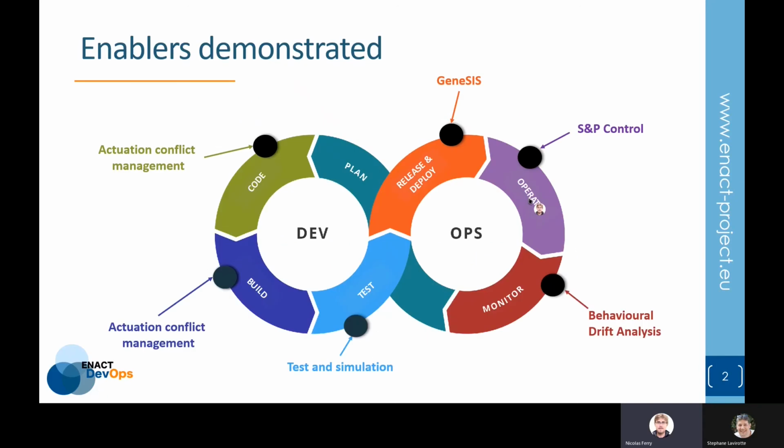So let's start with this demo. You will see a set of enablers being demonstrated as part of this demonstration. First, use case actuation, conflict management, test and simulation, Genesis, security and privacy control, and behavioral drift analysis enablers.